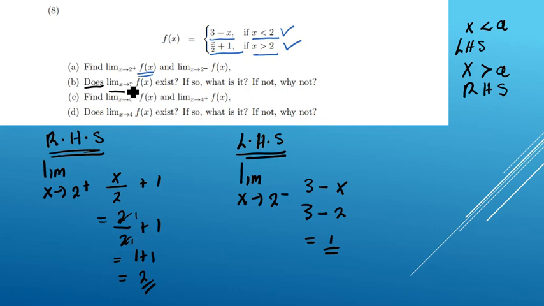Now the question they're asking us in part B is: does the limit as x is approaching 2 of the function f of x exist? If so, what is it? If not, why not? So here, after approaching, look at this.